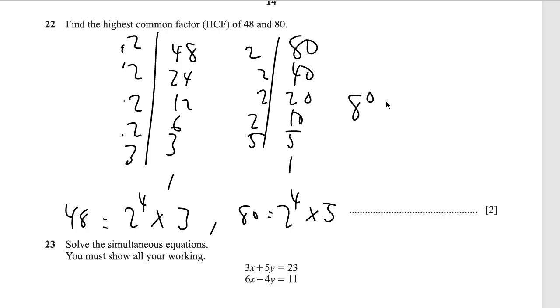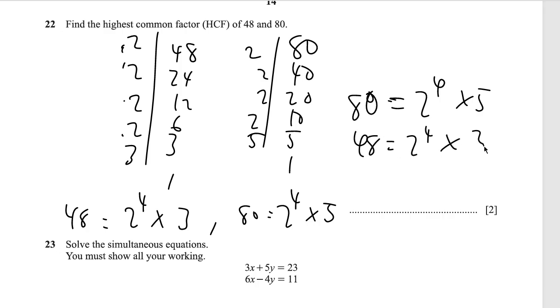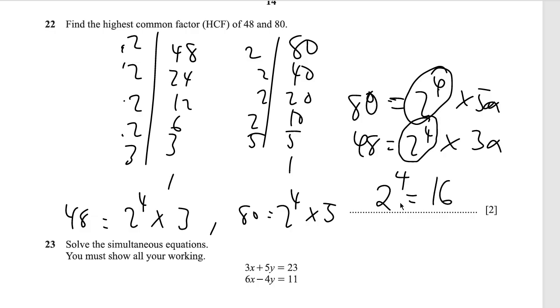So the highest common factor that can divide 80 and 48 without remainder is going to be 2 to the power 4, because 5 and 3 we're not going to include, because they're not the same. They're not common, right? So it's simply 2 to the power 4, which is equal to 2 times 2 times 2 times 2, which is 16.